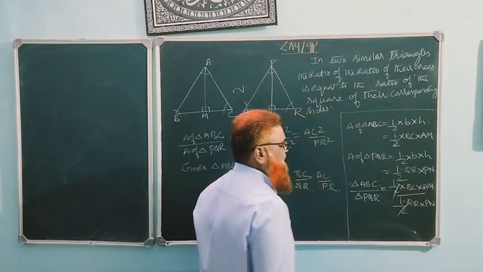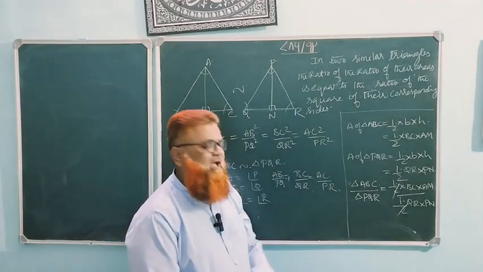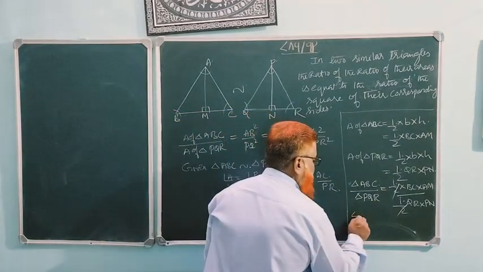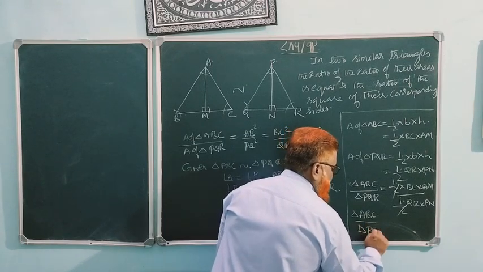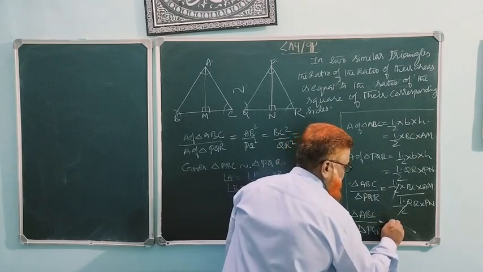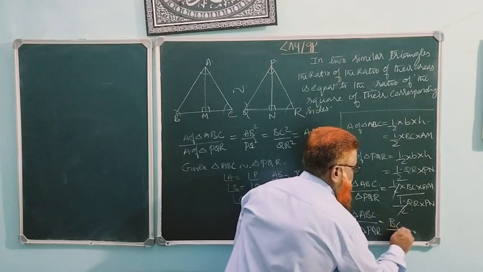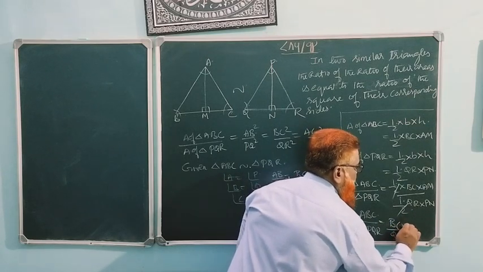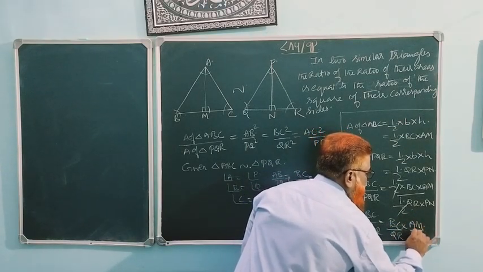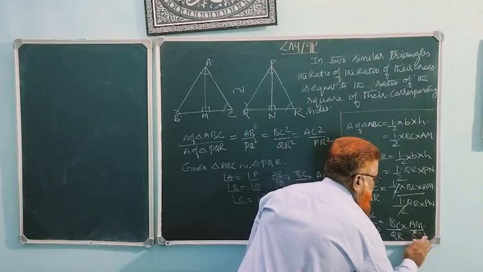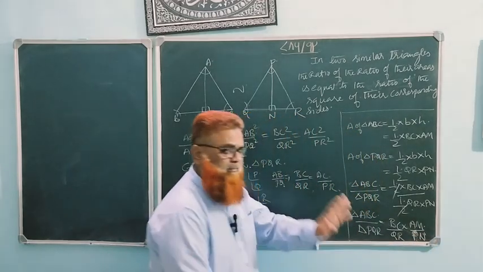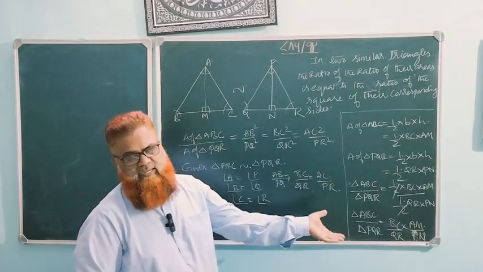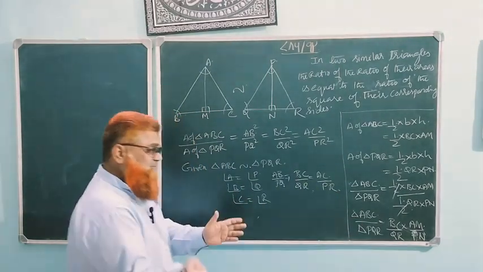The common half gets cancelled. So the ratio of the area of triangle ABC to the area of triangle PQR is equal to BC by QR into AM by PN. This is the main part of our proof. Remember that. You will come to know more in the next part of the theorem.